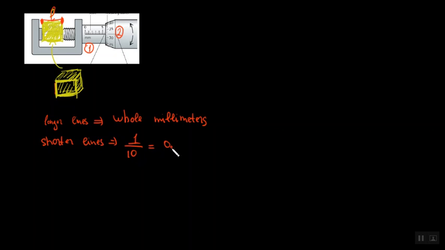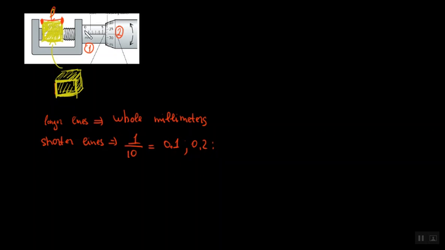As you see, there are small lines and longer lines. Longer lines are showing whole millimeters. Then shorter lines here are showing tenths, like 0.1, 0.2.